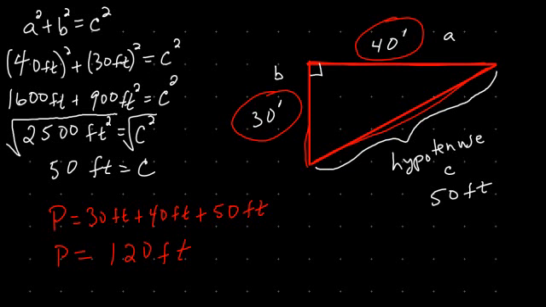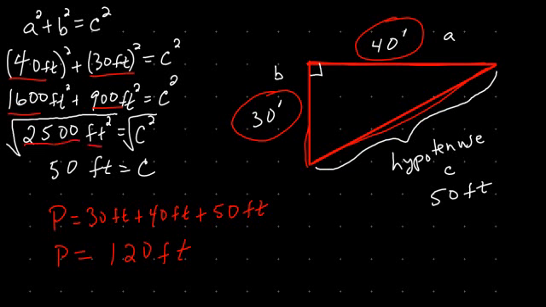We used our calculator to square those and got this. The key is that we have c squared, but what we really want to solve for is c. Anytime you have something squared and you want to solve for c, or an x or a, or whatever it is, you take the square root, and anything you do to a math equation, you must do to both sides. So we took the square root of both sides, used our calculator, and found that the square root of 2,500 is 50.